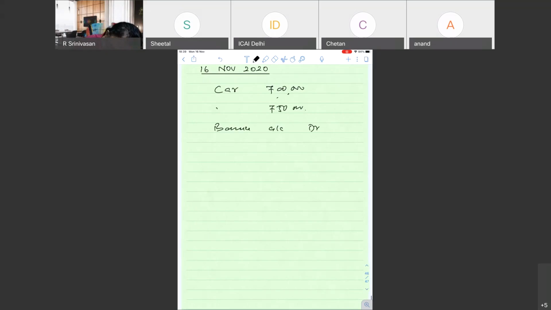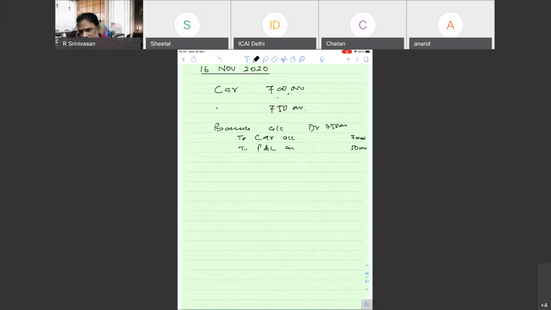Bank account debit 7,50,000, to car account 7 lakhs, and to profit and loss account 50,000. And this is the equity. If you are selling at 6 lakhs, bank account debit 6 lakhs, profit and loss account debit 1 lakh, to car 7 lakhs.